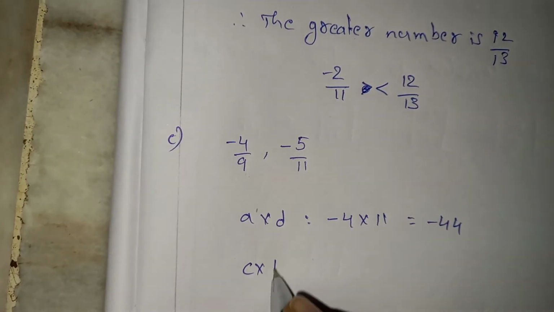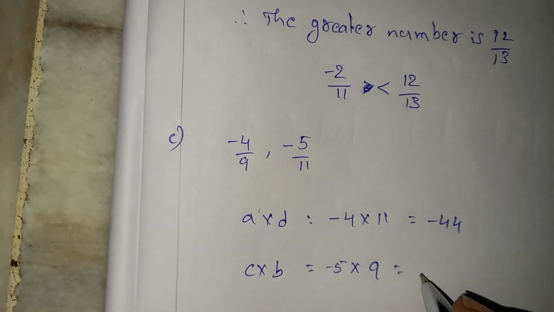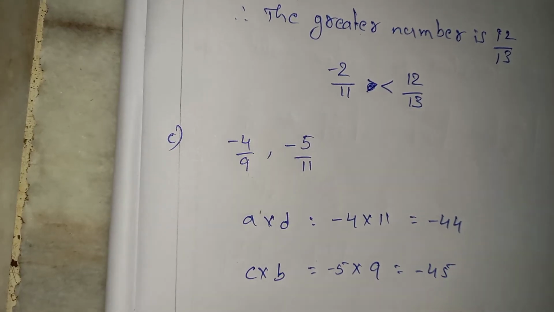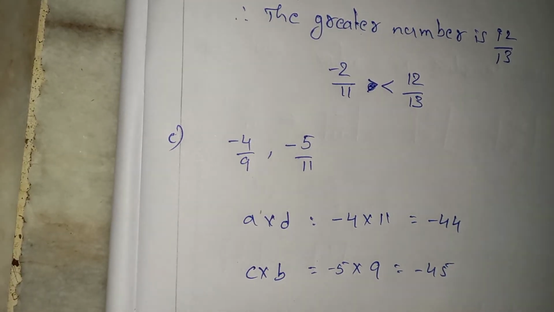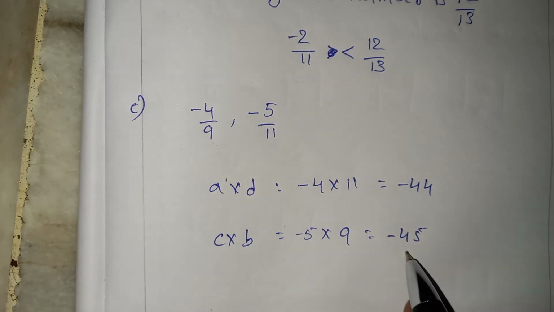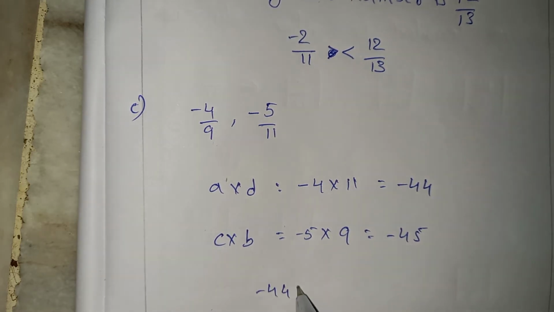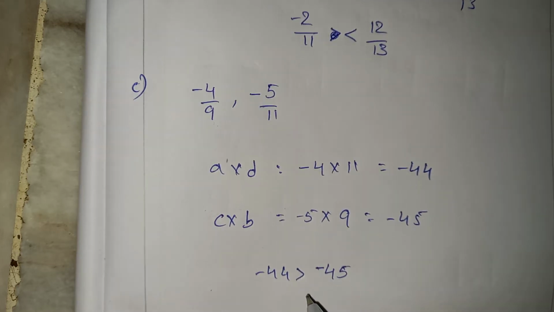Next, C into B means 5 into 9, 5 nines are 45. Now, which is the bigger value here? Minus 44 or minus 45? Minus 44 is greater than minus 45, just because negative numbers mean opposite, no?